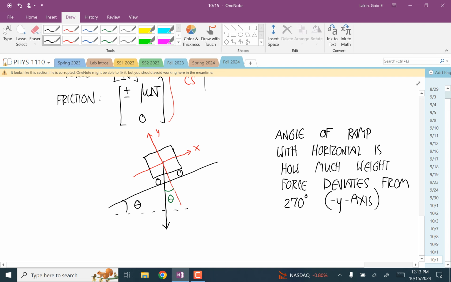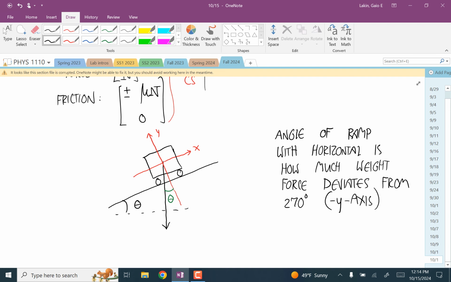Okay, so if this angle is 20 degrees, then think back to the vectors daily problems that you did. In order to calculate the components of this vector, you'd go mg times cosine of the angle from the positive x-axis to the vector, right?